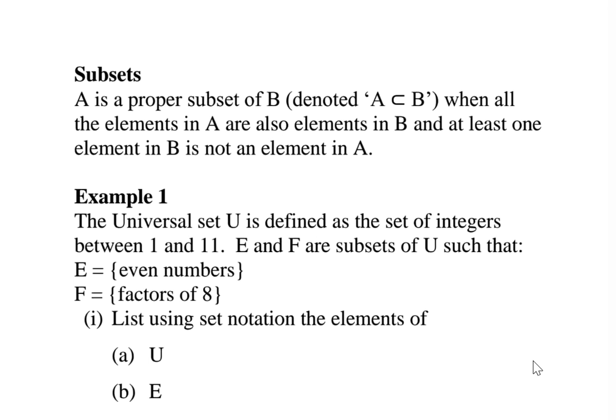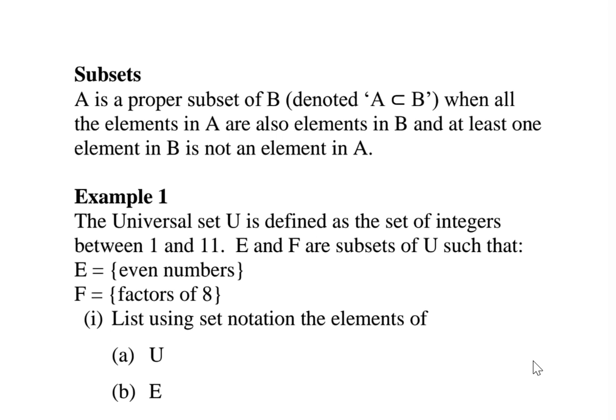Let's have a look at this example. Example 1. The universal set U is defined as the set of integers between 1 and 10. So U is the set of integers between 1 and 10.